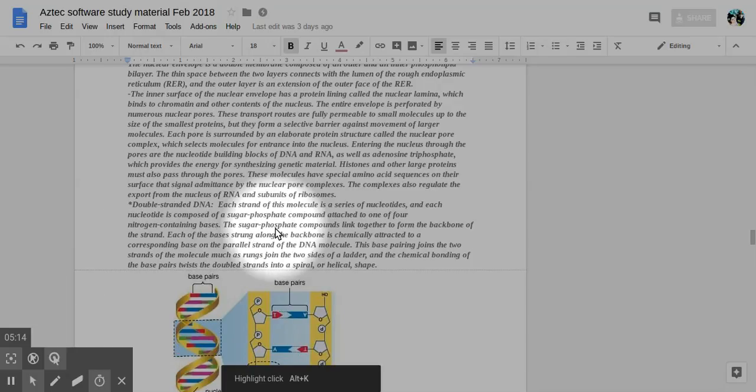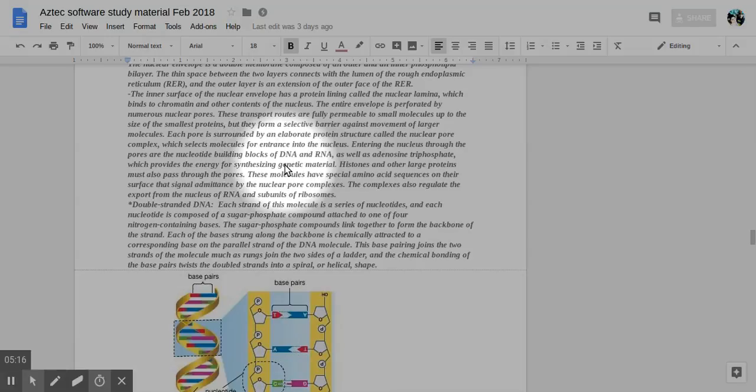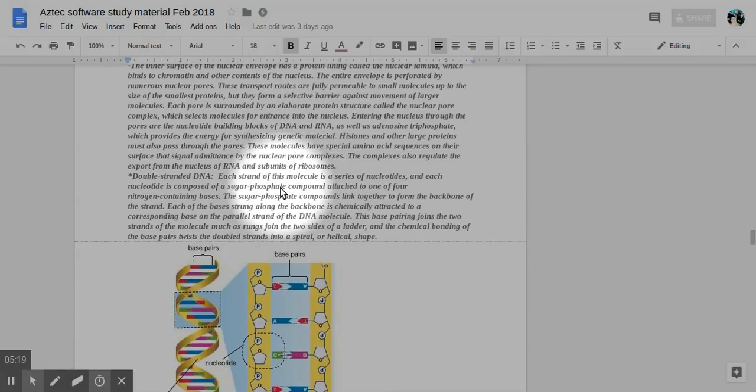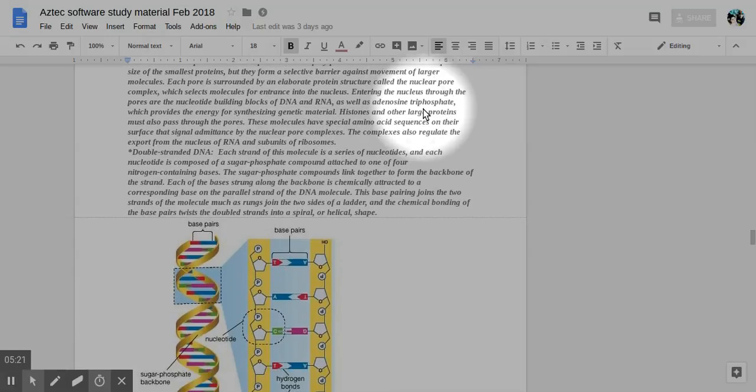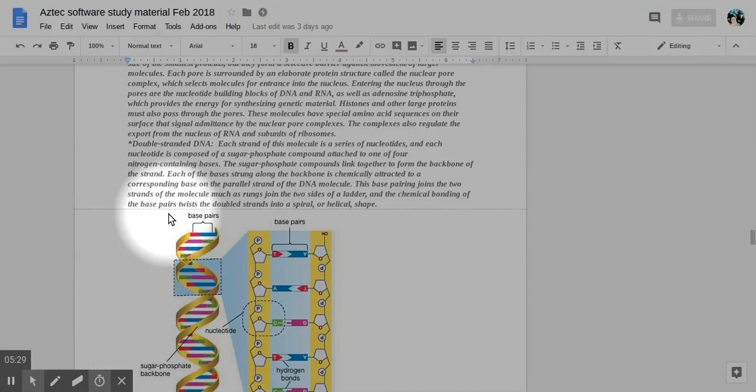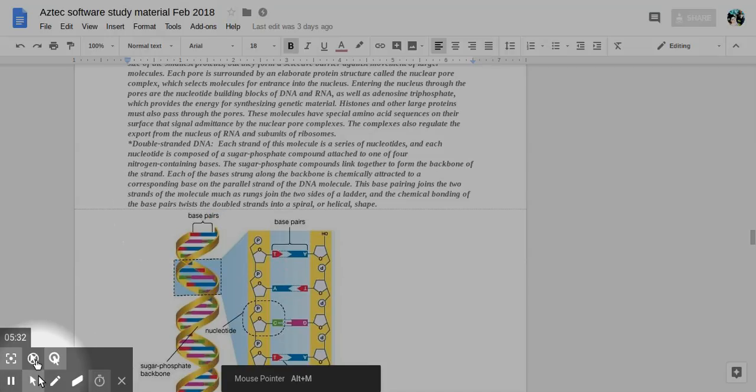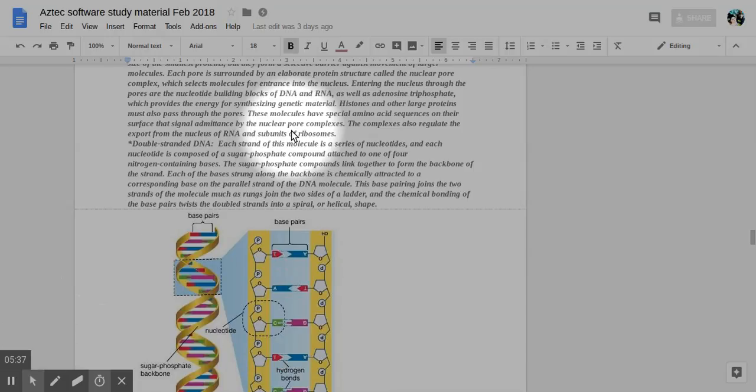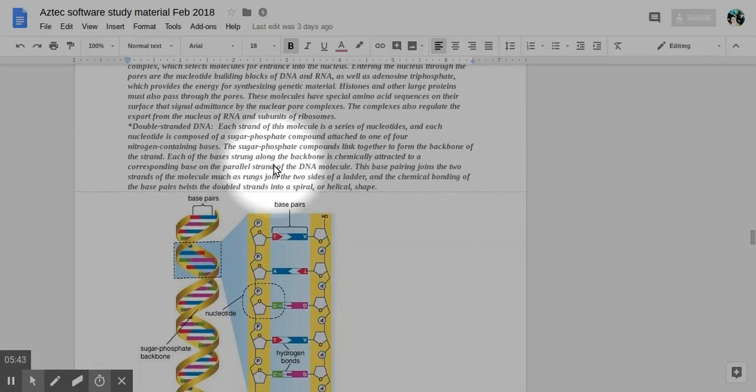So through the nuclear pores pass building blocks of DNA and RNA, as well as adenosine triphosphate, the energy providing molecule for synthesizing the genetic material. So any proteins that are helping or subunits of proteins, etc., are allowed to pass through the membranes.